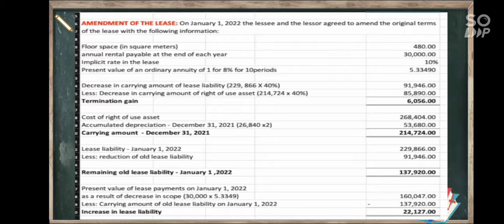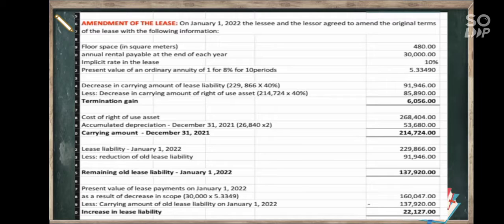So, arita sa decrease in carrying amount of lease liability, 229,866 multiplied by 40%. So, 91,946.